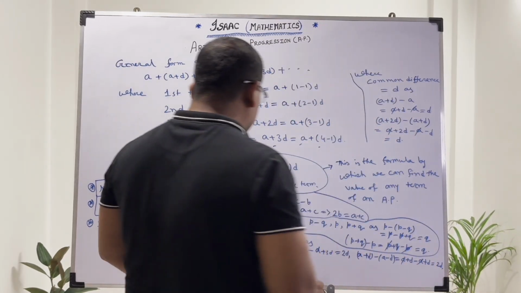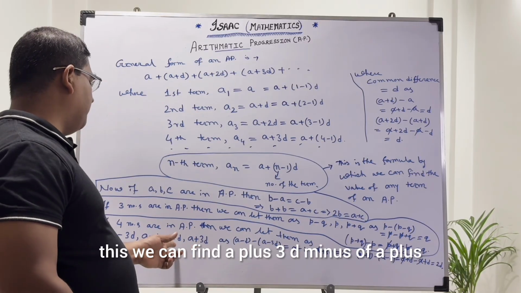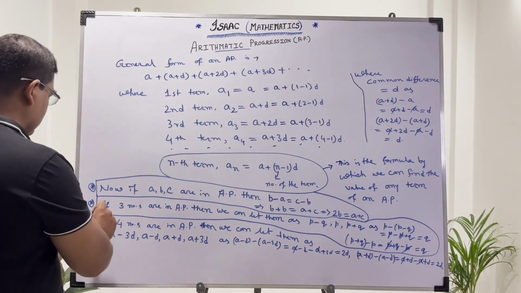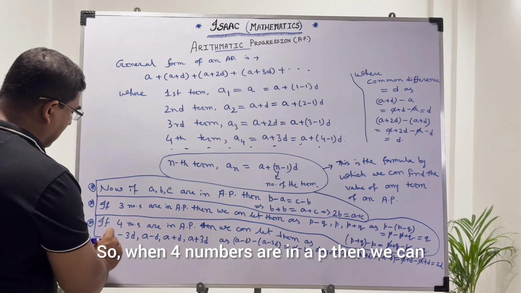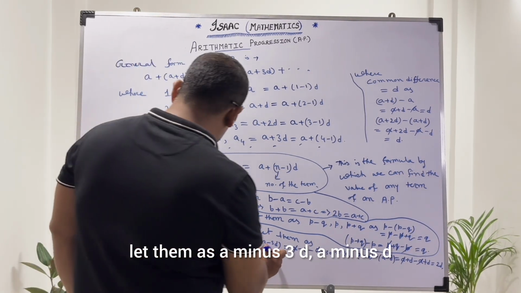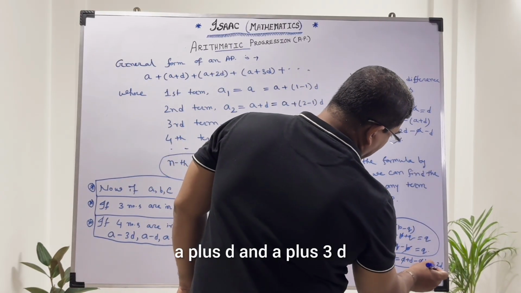Okay. Continuing this, we can find a plus 3d minus of a plus d. This will also give 2d. Okay. So when four numbers are in AP, then we can let them as a minus 3d, a minus d, a plus d and a plus 3d.